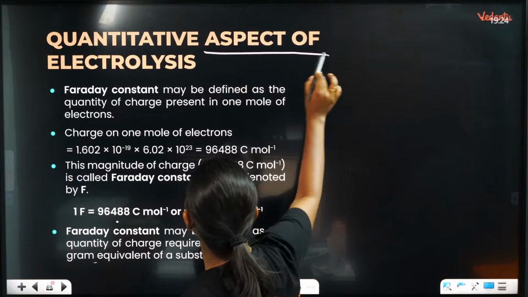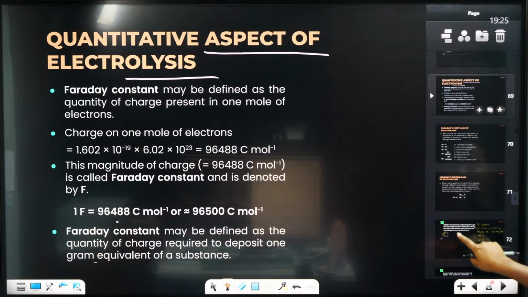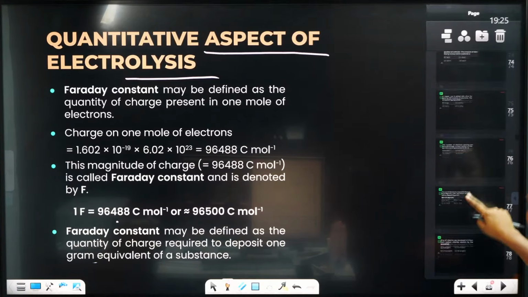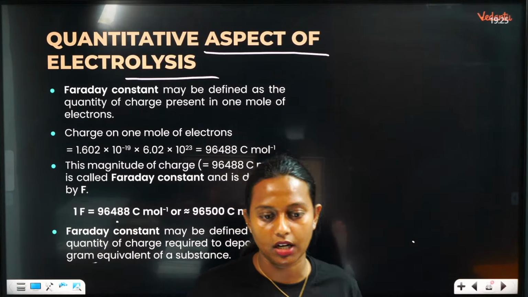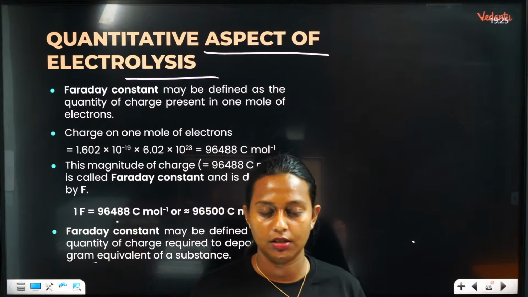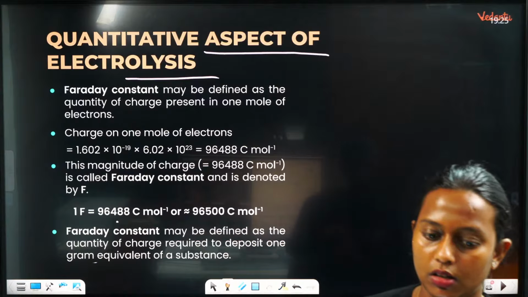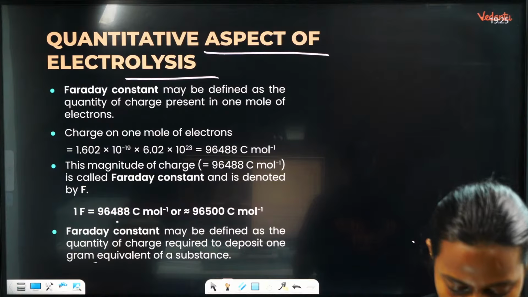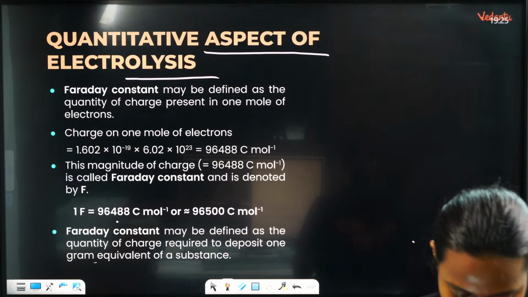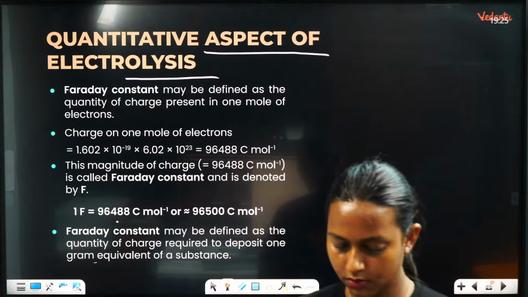Next, quantitative aspects of electrolysis. Clear so far? Any other doubts?